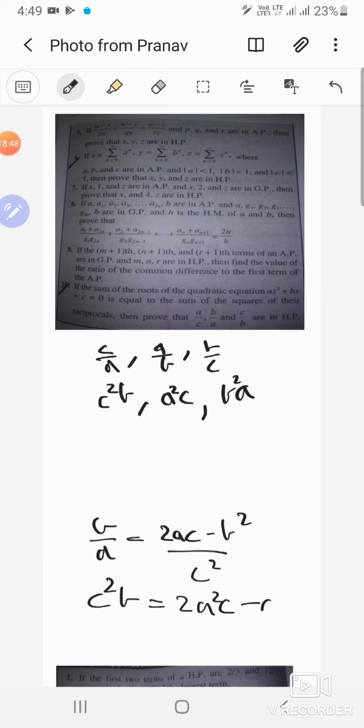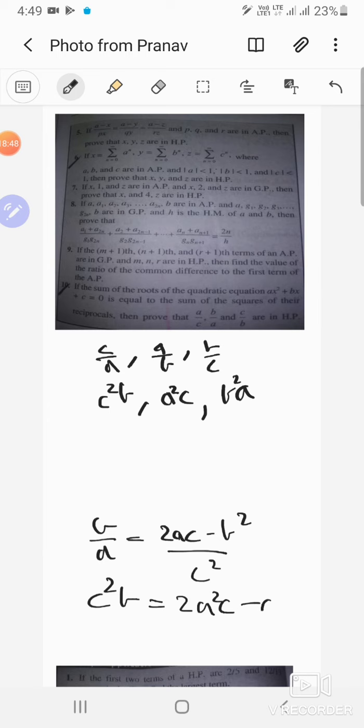Okay, cool. The next piece of information given is m, n and r. These three are in HP, which means that 2 upon n is equal to 1 upon m plus 1 upon r. I think this can be done, no problem.